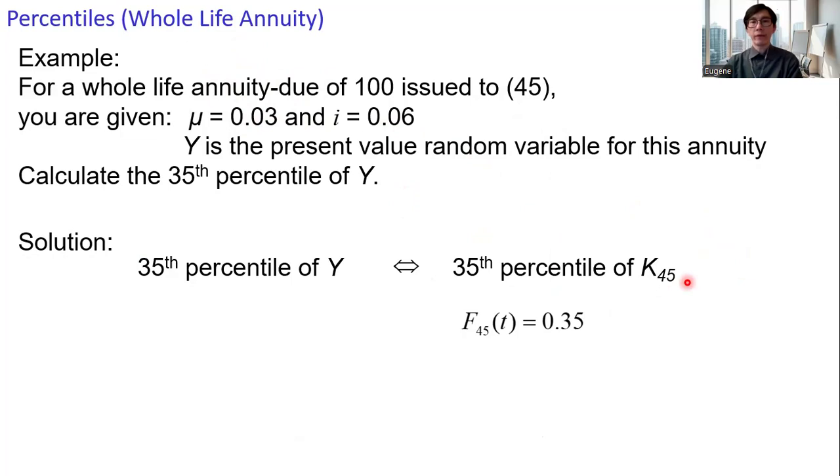So we have the CDF for T45, set it equal to 0.35, the 35th percentile. With a constant force of mortality 0.03, we have this expression for tq45. Solving for t, we get t equals 14.3594.